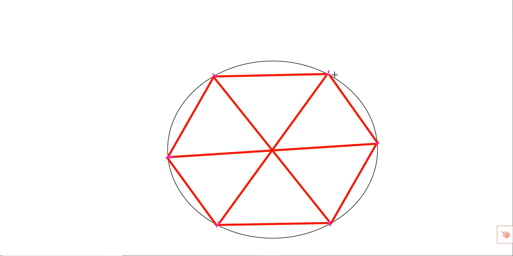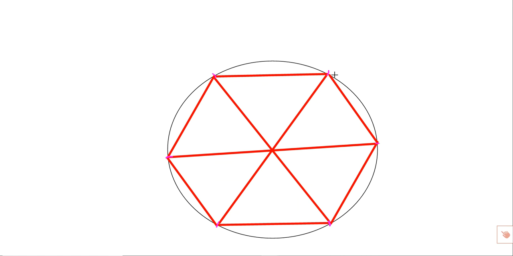If we've got no problem with my compass slipping or my pencil being like that, the question is: is this a perfect regular hexagon? It is a hexagon, right? Yes, because it's six-sided.